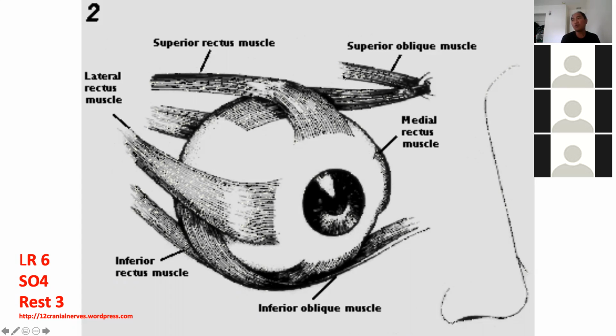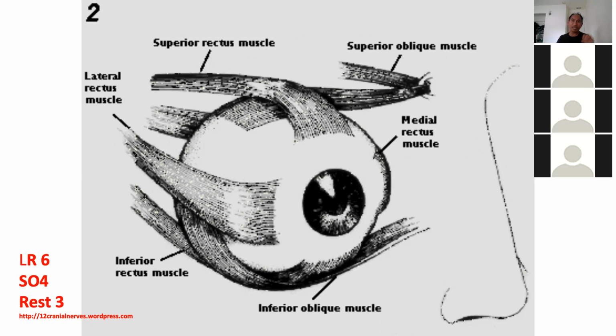The superior oblique muscle, because it is oblique and hooked around, when it contracts, the eye will not go upwards, it goes downwards. And the inferior oblique, the same thing, it will not go down, it will go upwards, because they are oblique.